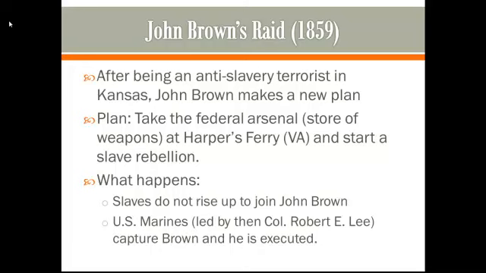The townspeople and the United States Marines, led by Colonel Robert E. Lee, did arrive, and they attacked John Brown and his followers at Harper's Ferry, and they captured him, and eventually John Brown is executed for treason, for trying to overthrow the government of Virginia via this slave rebellion.